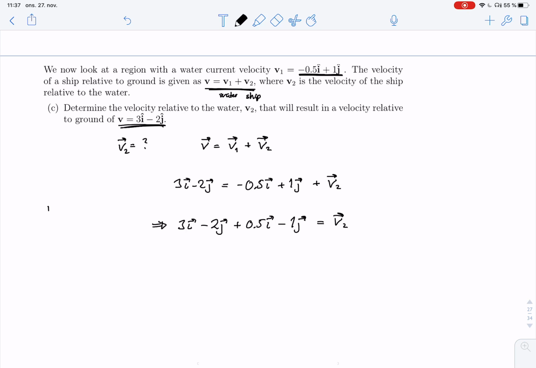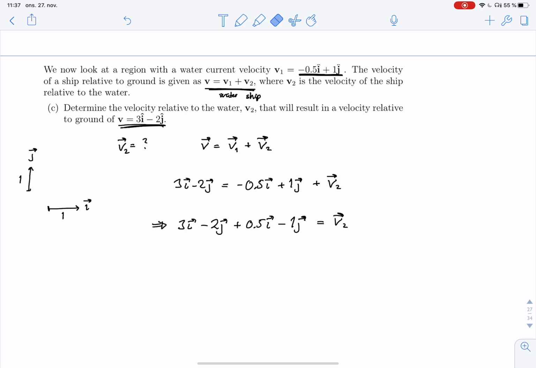Just to repeat ourselves a bit. The vector I is a unit vector in the x direction. So it has length 1 and is directed along the x-axis, or here east. J is a unit vector which also has length 1 but is directed in the y direction, or here north.